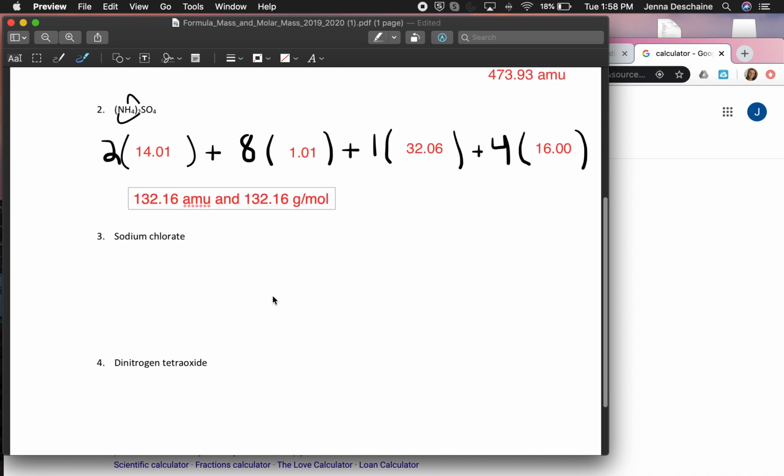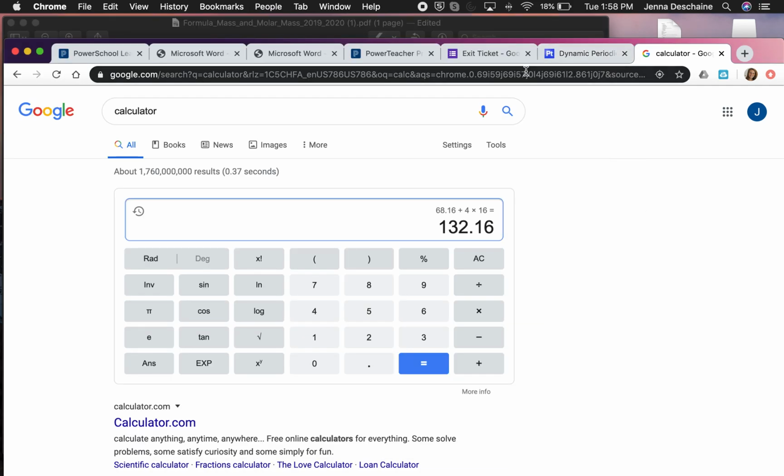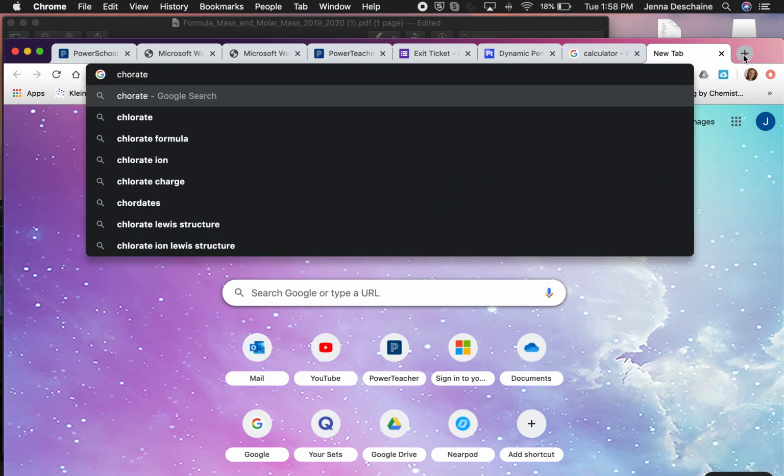All right? So these next two, I didn't give you the formula, so we have to do that on our own, okay? So first, I'm going to write out the formula. I'm going to write out the symbol for sodium. Then chlorate. If you don't have your periodic table, a good Google search will do you some good.